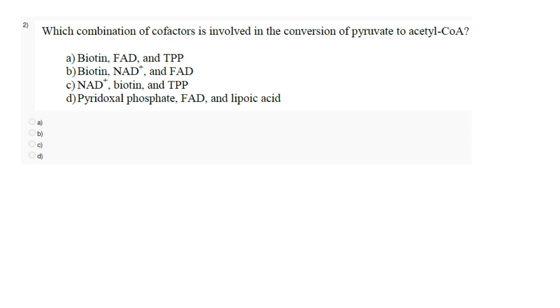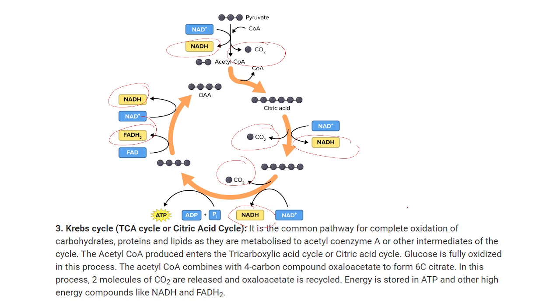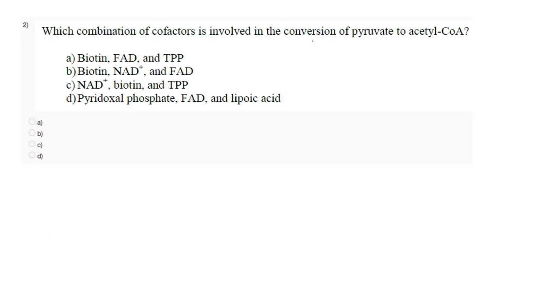If you see the cycle here, you have pyruvate, which gets converted to acetyl coenzyme A. It is asking what cofactors are involved in this particular process. What is the correct option over here? Anyone?